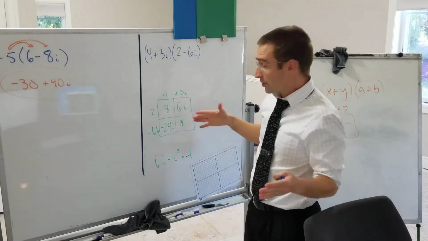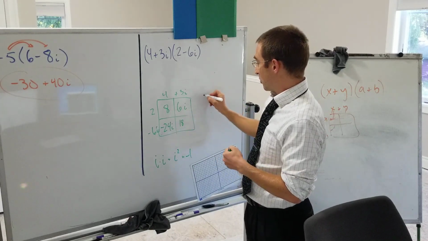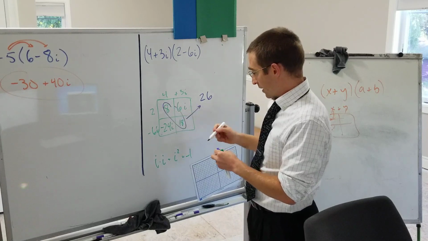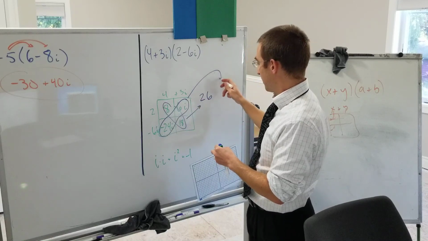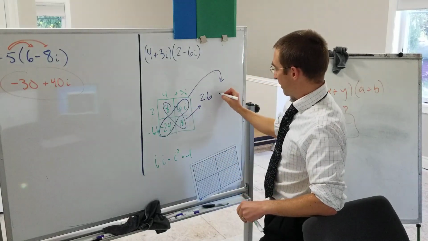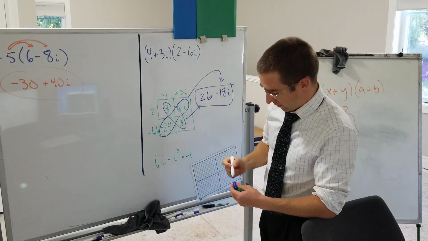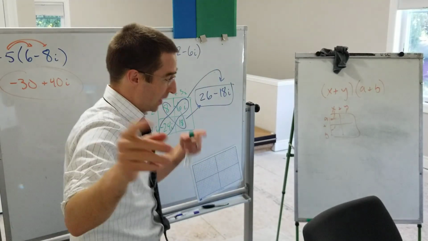All right, now I'm going to combine my like terms. 8 plus 18 is 26. And then negative 24i and 6i gives me negative 18i. And that's it. I hope I didn't goof. I did that all in my head. If I goofed, call me out, please.